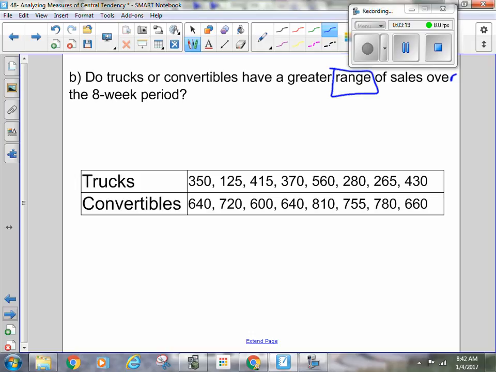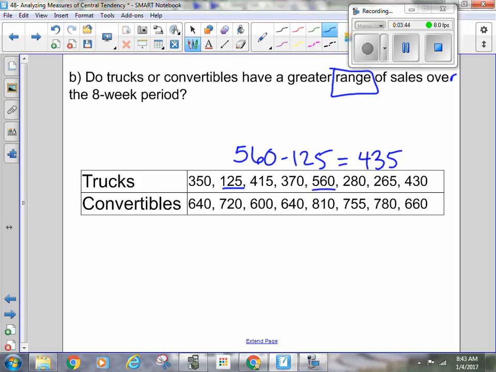So we just look here in our trucks and I see my smallest number is 125 and I'm looking for my largest number, which is 560. So I'm just going to subtract the 2 of them to find my range. I subtract the 2 of them and I find that my range is 435.